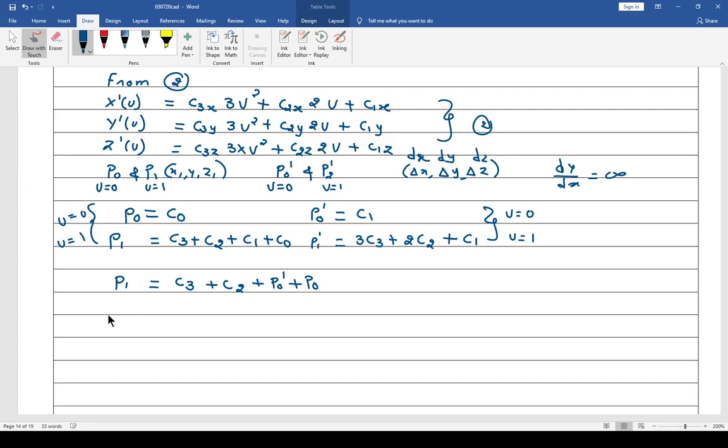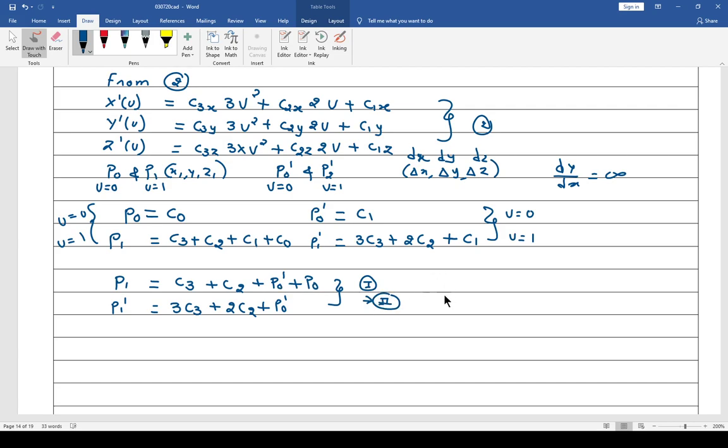This is now known to me, and I write p1 dash is equal to 3 times c3 plus 2 times c2 plus c1, where c1 is p0 dash. Now I can see these are my two equations, equation 1 and equation 2, and I need to solve them simultaneously.